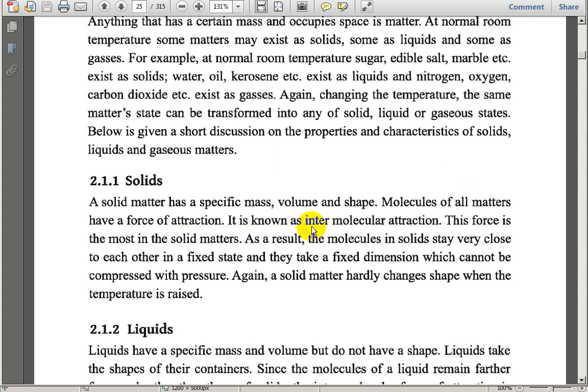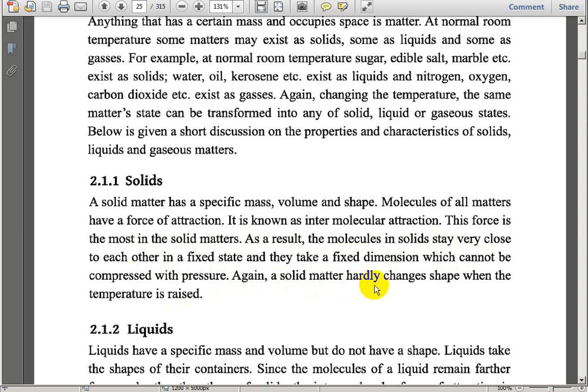This force is known as intermolecular attraction. The intermolecular force of attraction is greatest in solid matter. As a result, molecules of a solid stay very close to each other in a fixed state and take a fixed dimension, and it cannot be compressed with pressure.